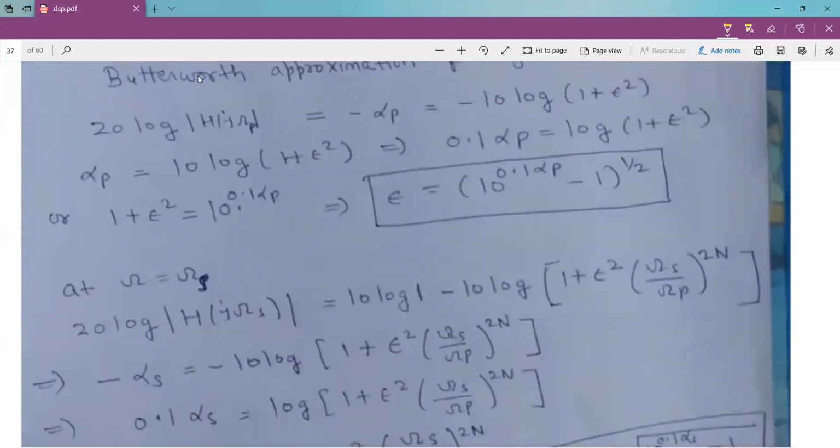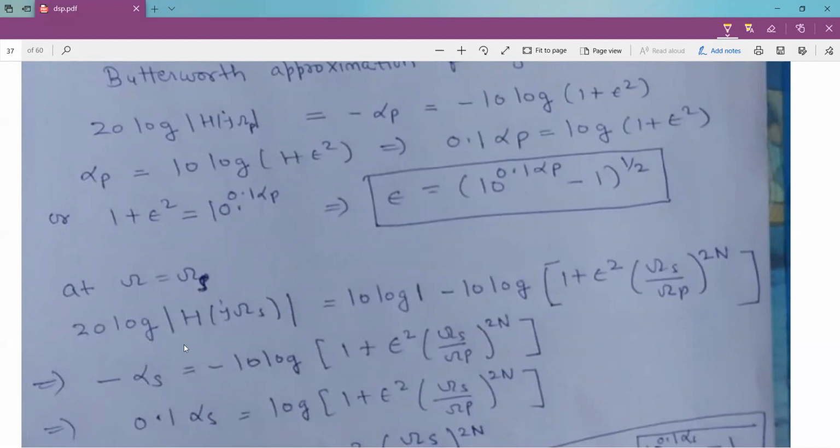Now, using the same equation, when you put the cutoff frequency in, the expression will be simplified like this. Now, in this expression, omega will be equal to omega s. So this is the magnitude at this cutoff frequency expressed in dB.